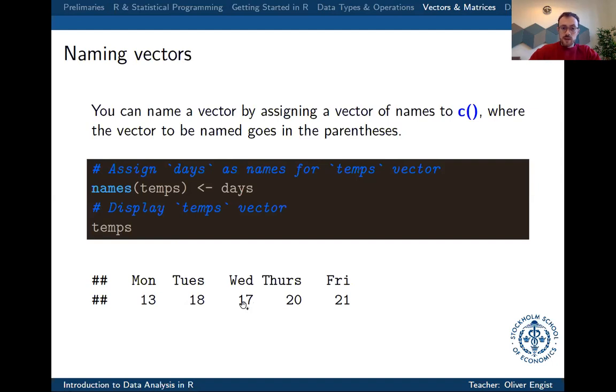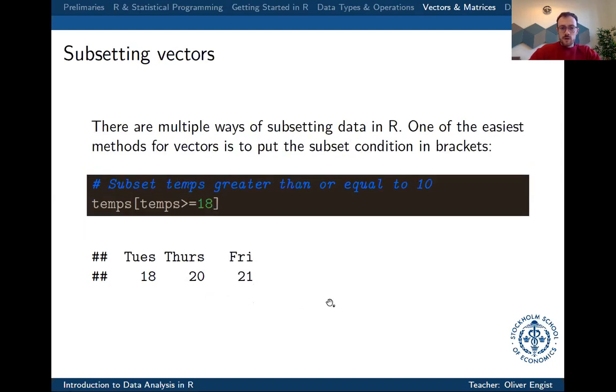Wednesday won't be selected either. So we'll be left with 3 days: Tuesday, Thursday, and Friday. We can do this by using this logical expression inside the brackets of temps. This bracket operator of the temps vector tells us which entries of the temps vector we are selecting.